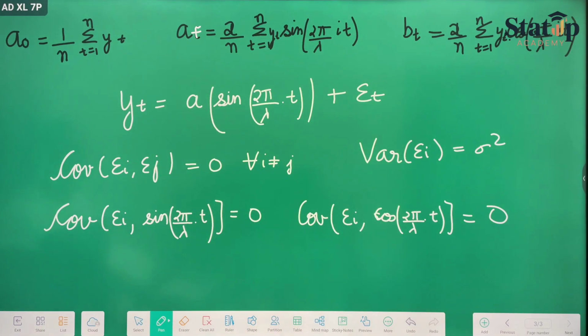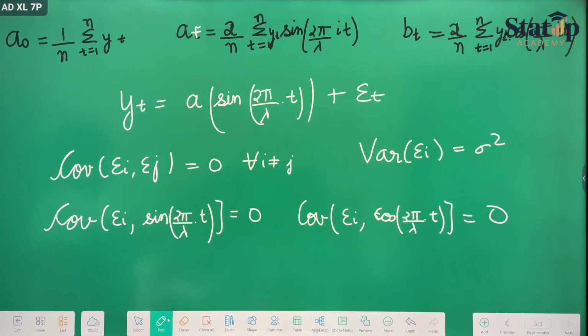So these are the assumptions that we are taking for these models, which is again of econometrics. If you have done the lectures of econometrics, then you will understand them better. If you haven't, then I would suggest you first do that portion and then return to this lecture video.